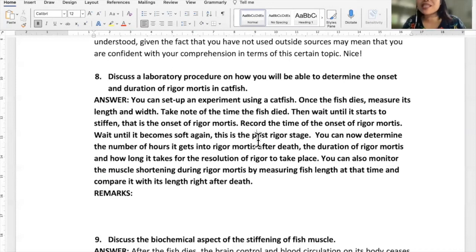Sometimes it takes around 2 to 3 days to finish, because catfish are tough to kill. It sometimes takes a long time to die, and a long time to undergo rigor mortis. But we do that experiment at room temperature, because sometimes they go on for a long time. They can't just stop the experiment, and they can't carry ice all the time.